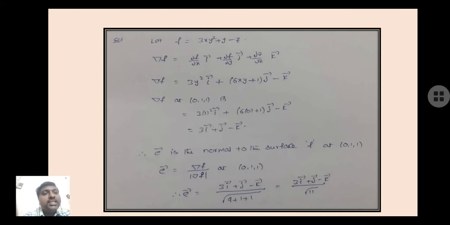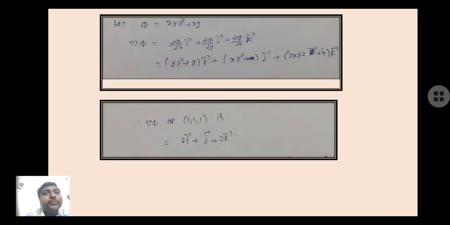So E bar is equal to 3i bar plus j bar minus k bar by root over 9 plus 1 plus 1. By simplifying that one, you are getting (3i bar plus j bar minus k bar) by root 11. Up to here, I am calculating E bar only.